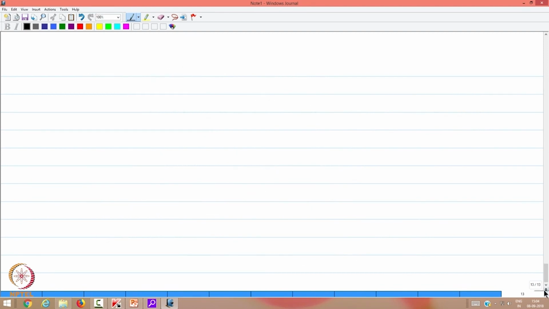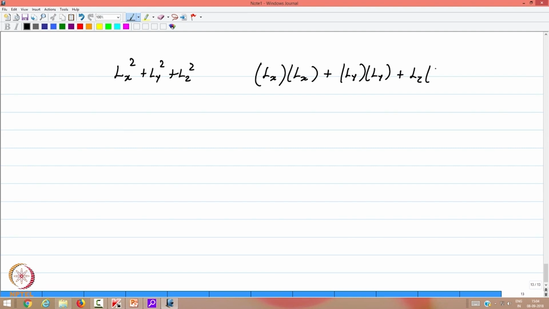Therefore, to do L square, you do exactly what was done in the lecture notes again. Lx square plus Ly square plus Lz square, as repeated application of Lx on Lx plus Ly on Ly plus Lz on Lz.